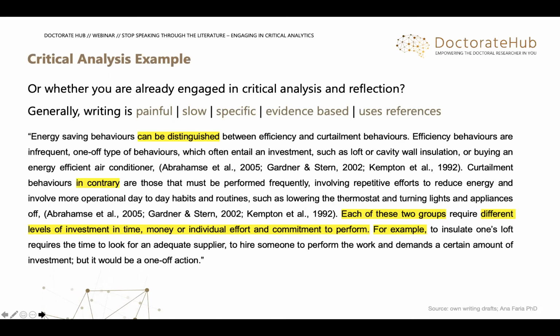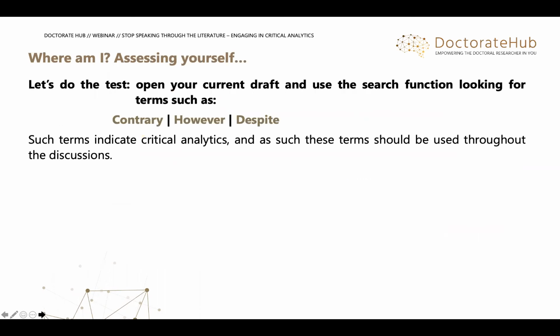Here, for example, energy-saving behaviors can be distinguished between efficiency and curtailment behavior, which often entail an investment such as blah, blah, blah. And then you see that comes with 3 references. And as you go further, references are added. So this is an example of critical analytical writing.